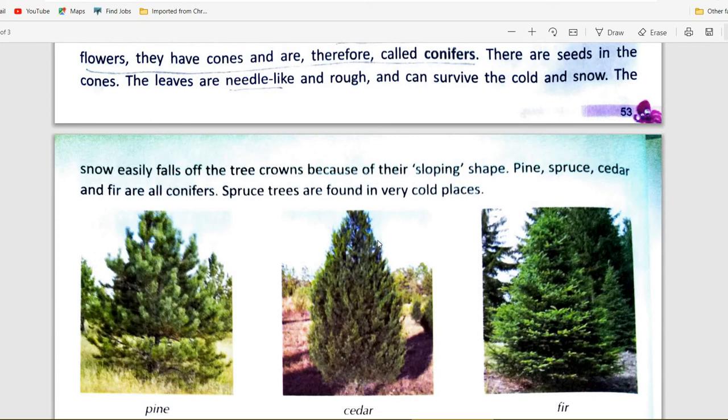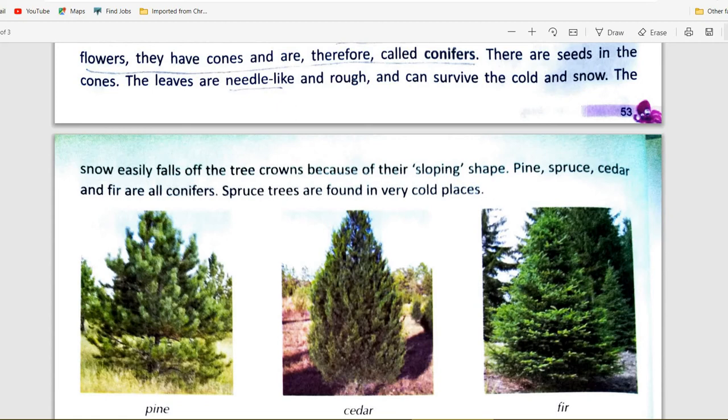These trees have needle like leaves, so that the snow will fall down. They have a conical shape of crown, and because of the conical shape, the snow will slip down easily from the tree.